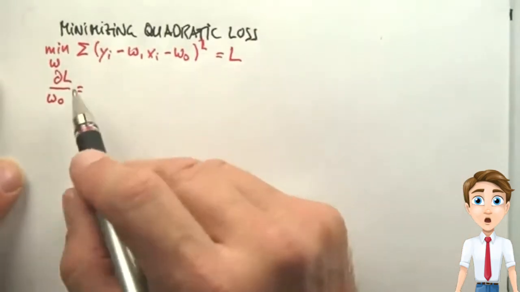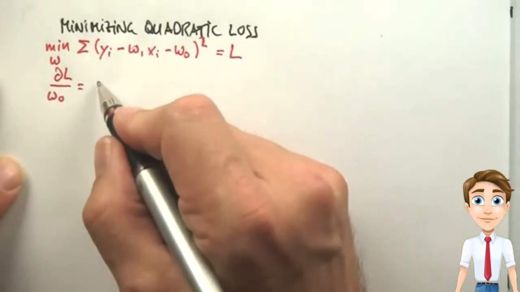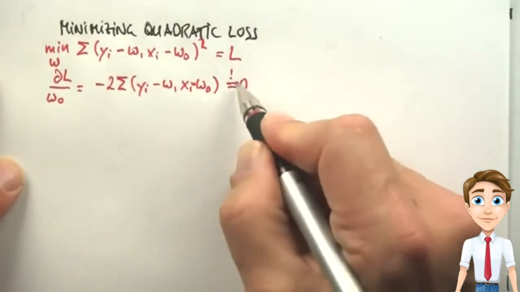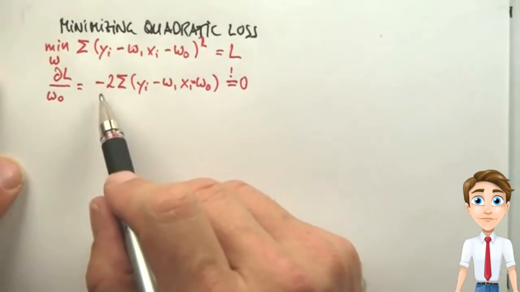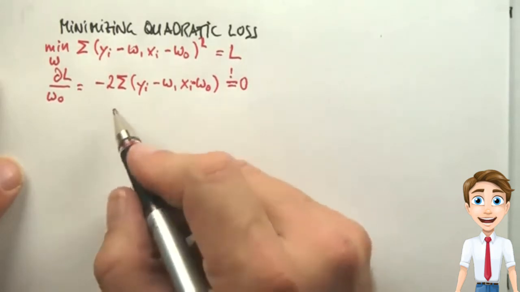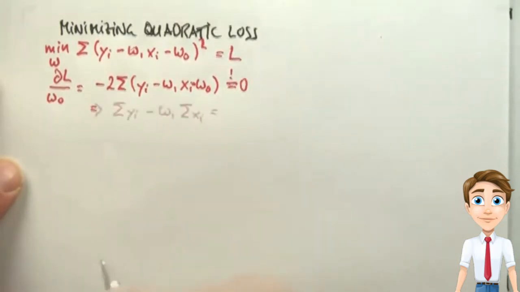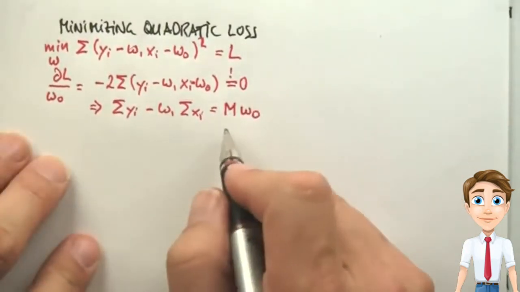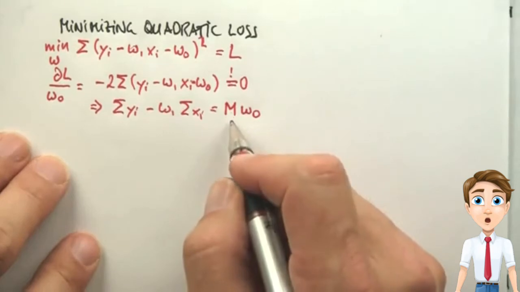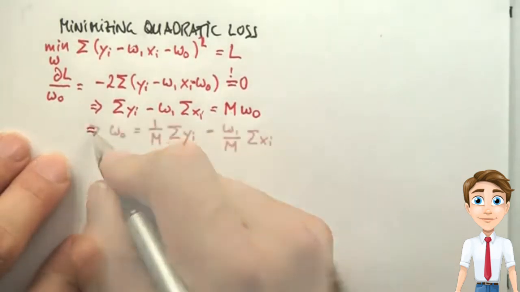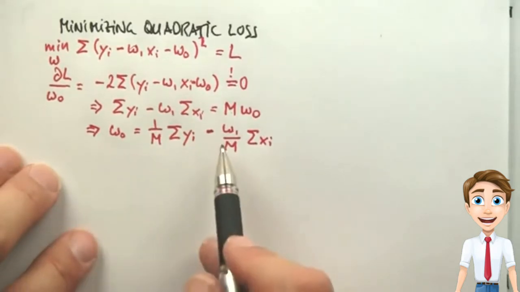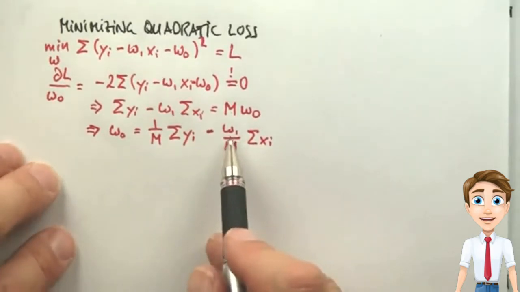For the partial derivative with respect to W0, we get this expression over here, which we have to set to 0. We can easily get rid of the minus 2 and transform this as follows. Here, M is the number of training examples. Now this expression gives us W0 as a function of W1, but we don't know W1.